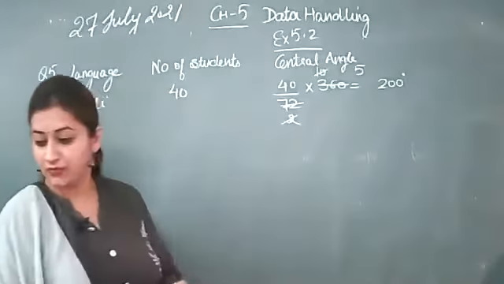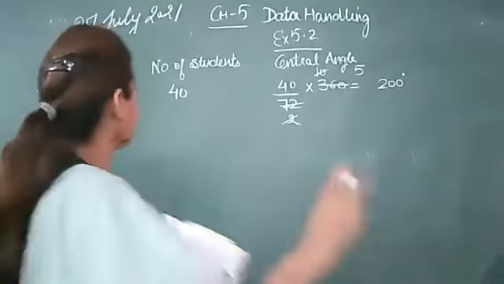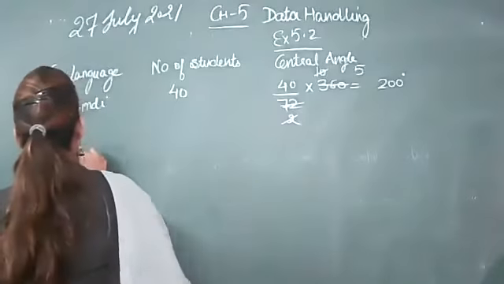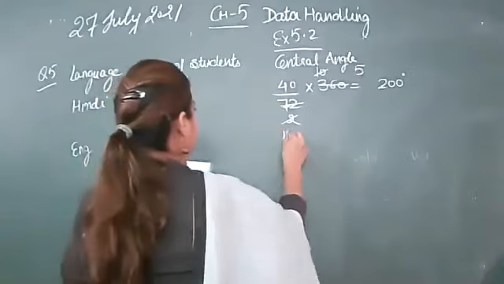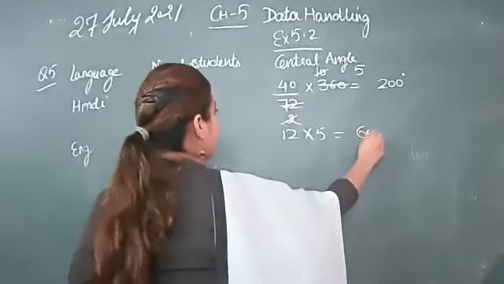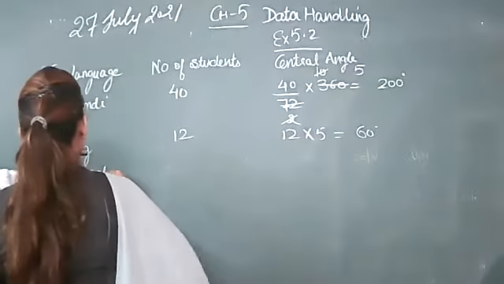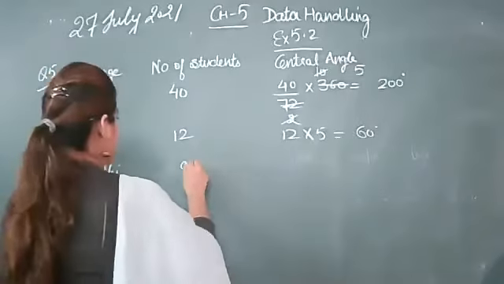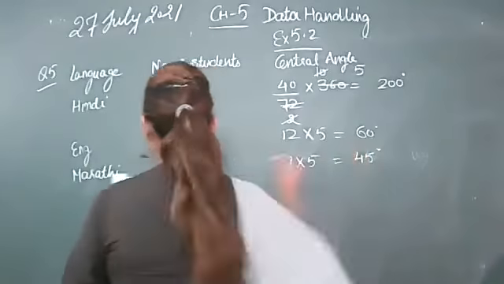Hindi. After that, English. 5 is the number, so you will multiply it by 5, 60 degree. Marathi, 9. 9 into 5, 45.